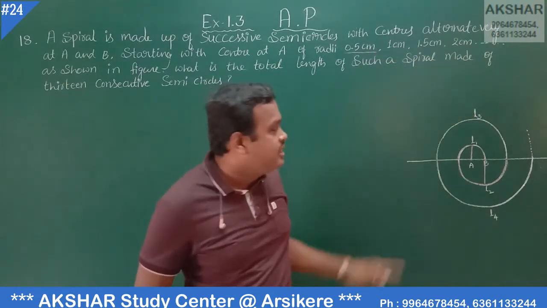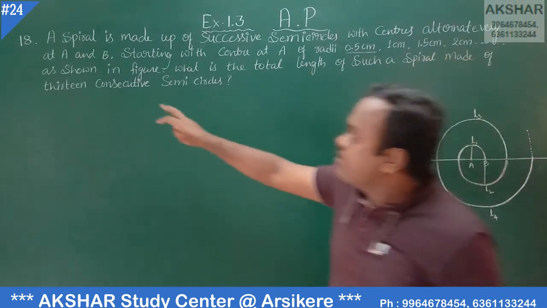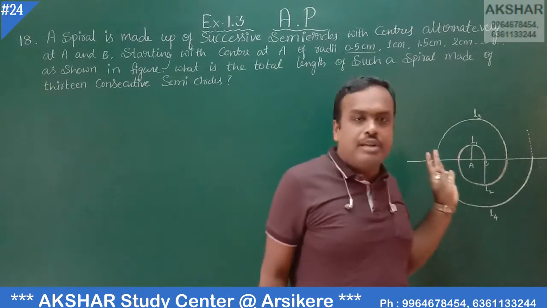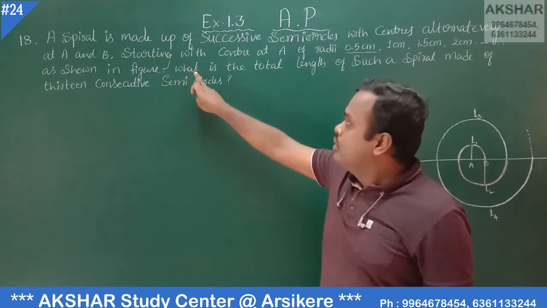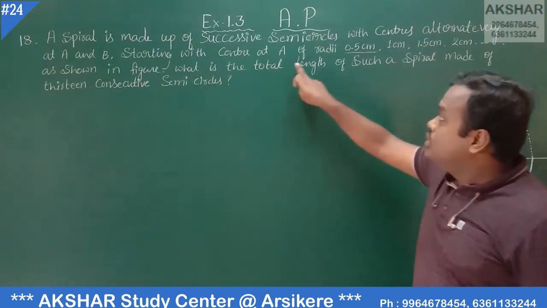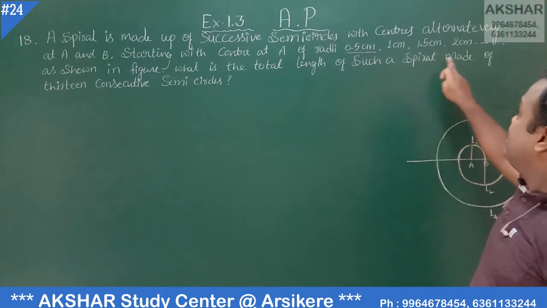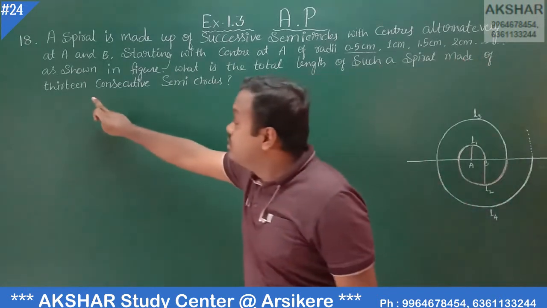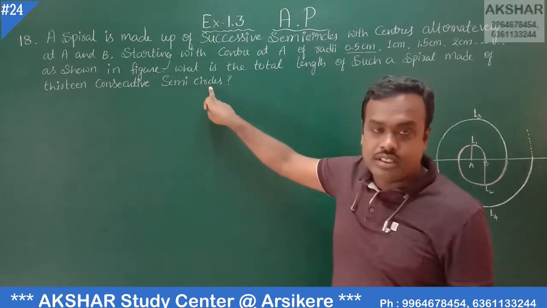Got it, children? They have given the centers as shown in the figure. Next, what do we need to find? What is the total length of such a spiral made of 13 consecutive semicircles?